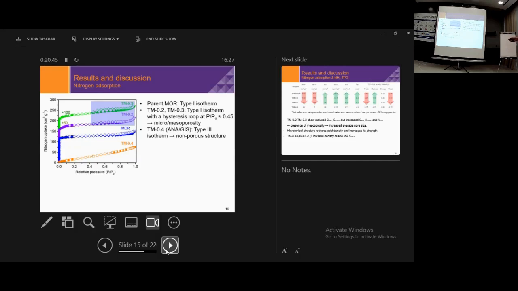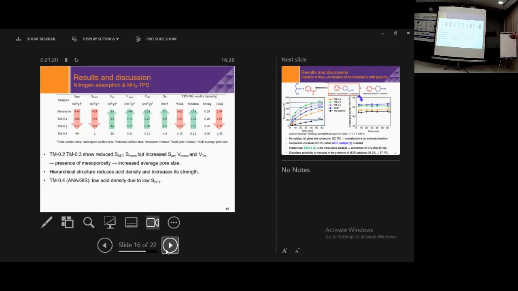This hysteresis loop indicates the presence of mesoporosity, so these two samples have micropores and also mesopores. For TM 0.4, interestingly, it shows a type 3 adsorption isotherm, which shows that TM 0.4 has no pores in the sample. So it is a non-porous material.